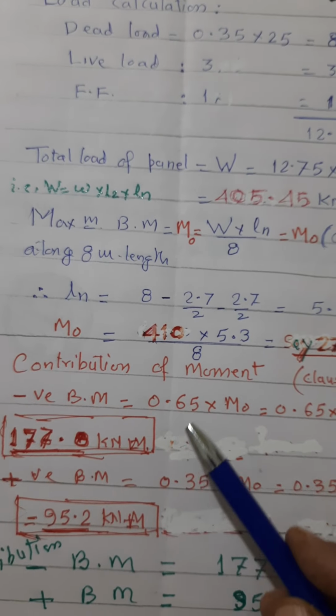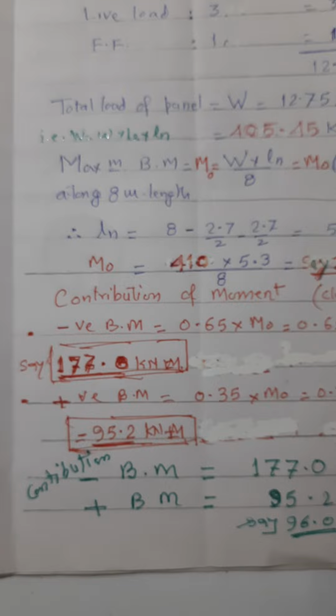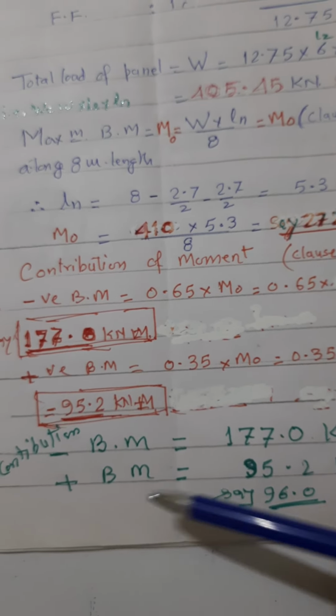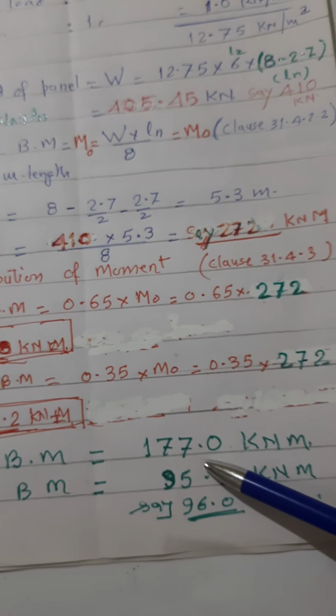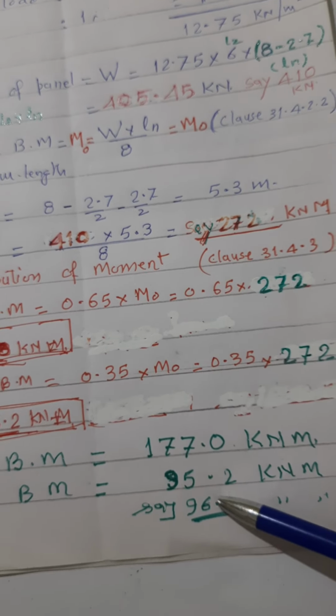Now, once we know this, we have already summed up over here that the maximum negative bending moment is 177, and the maximum positive bending moment is 85.0.